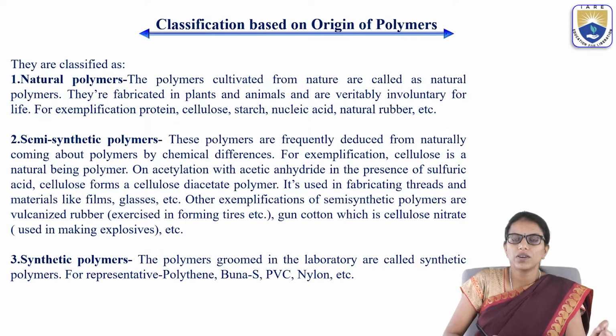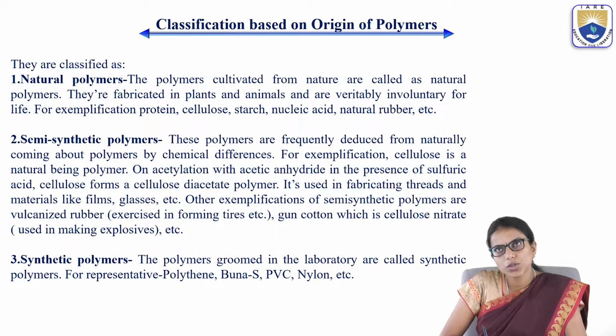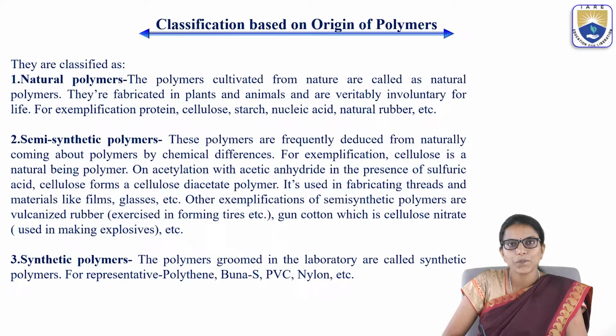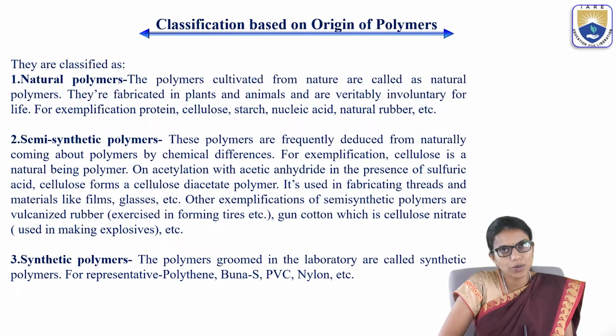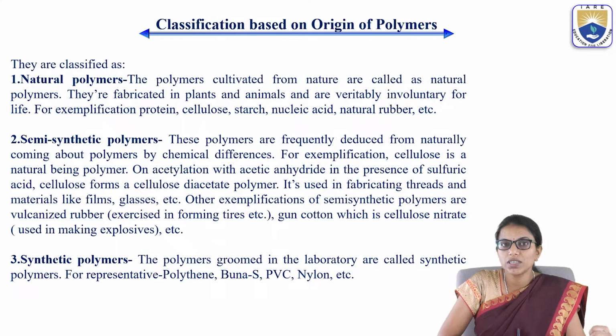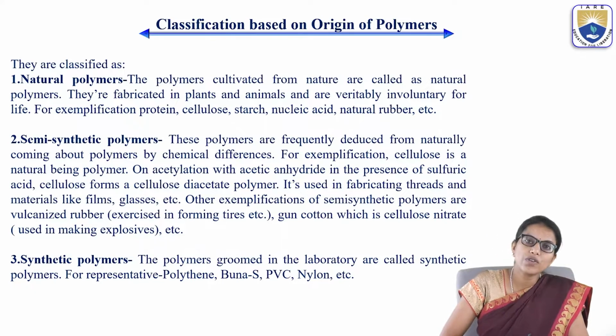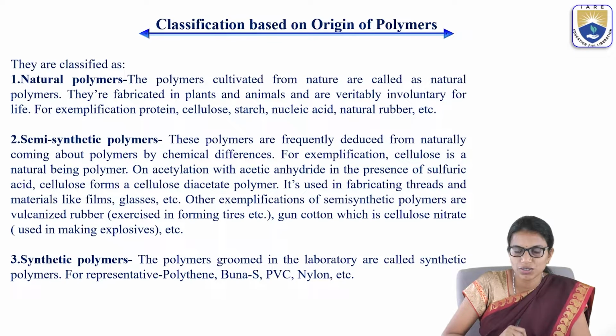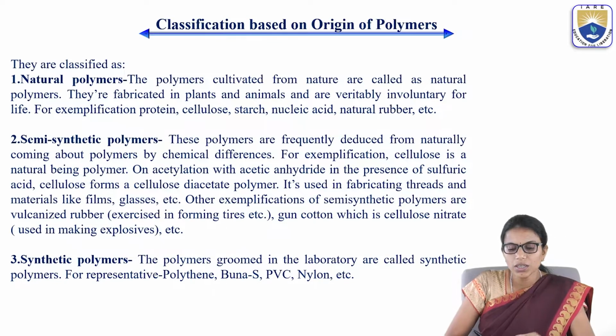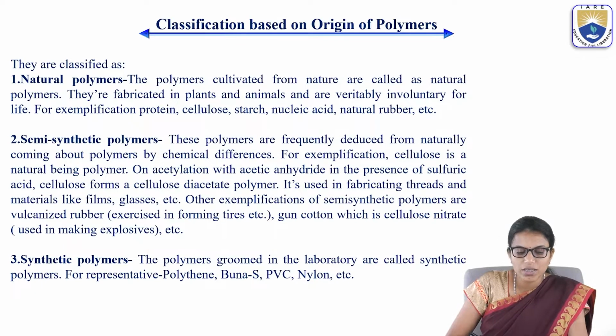Now coming to the first part, that is the classification based on the origin of a polymer. Here, three types of polymer are there. First is natural polymer, which is already formed by nature. For example, the polymers cultivated from nature are called natural polymers.